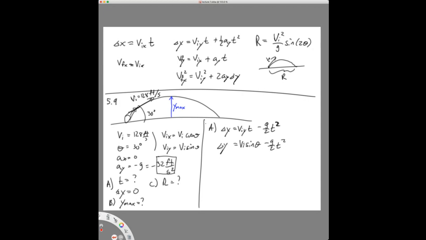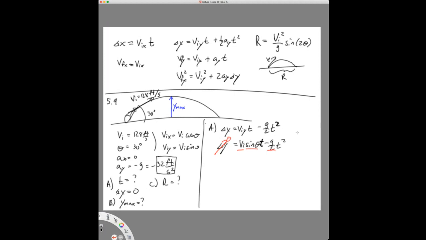And we can check what we know. We know delta y is 0, and we know Vi, that's given. We know theta, that's given. We know g, and I'm noticing that when I wrote this line, I forgot the t, so probably some of you also noticed that. I should have a t after the Vi sine of theta.